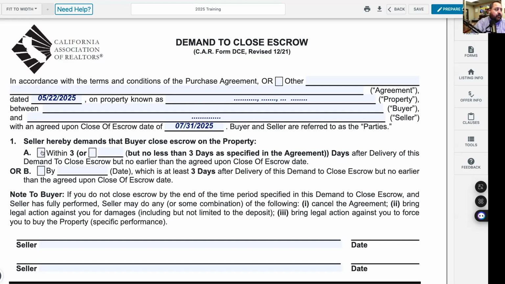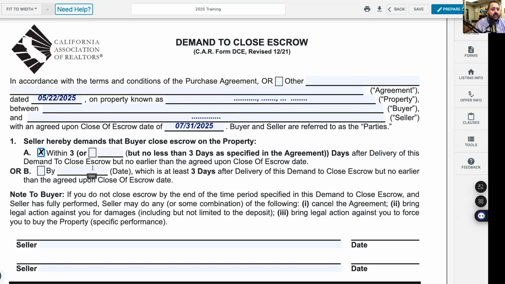So now if I put in within 3 days of today, that I send it to them today, they would have until Monday to close escrow. Friday's day 1, Saturday's day 2, Sunday's day 3. But because Sunday is a weekend, and obviously you can't close escrow on a weekend, it moves to Monday.